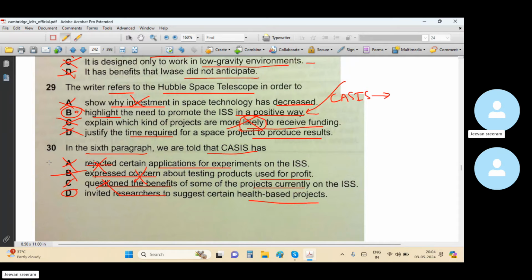C, expressed concerns or something, is incorrect because CASIS's actions are about promoting research, not questioning existing products, right? You can clearly see evidence like CASIS has examined more than 100 previous microgravity experiments to identify promising research themes, right? This clearly shows CASIS's initiative in guiding research towards specific health-related topics by inviting new project proposals in these areas, right?